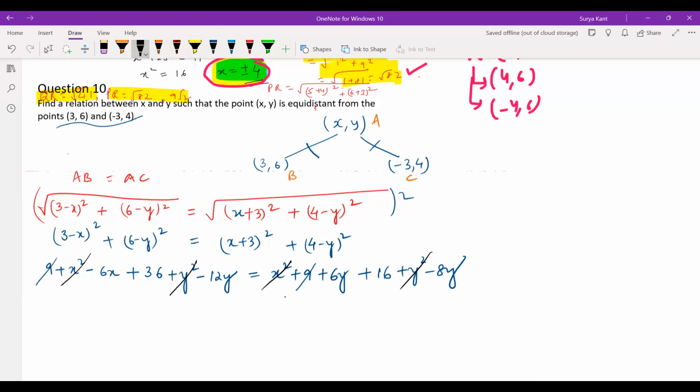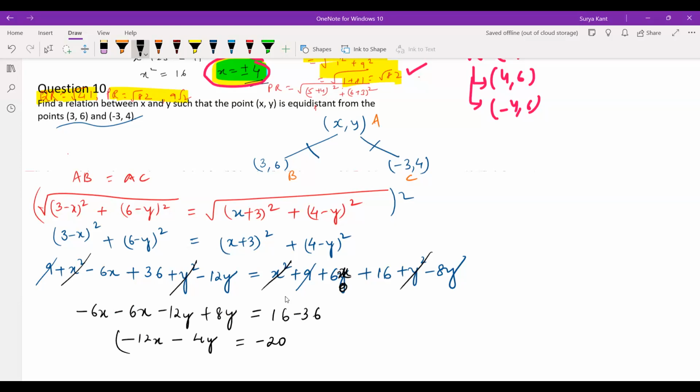Then 6x here, minus 6x, minus 6x again, minus 12y plus 8y is equal to 16 minus 36. So what do you get? Minus 12x minus 4y is equal to minus 20.